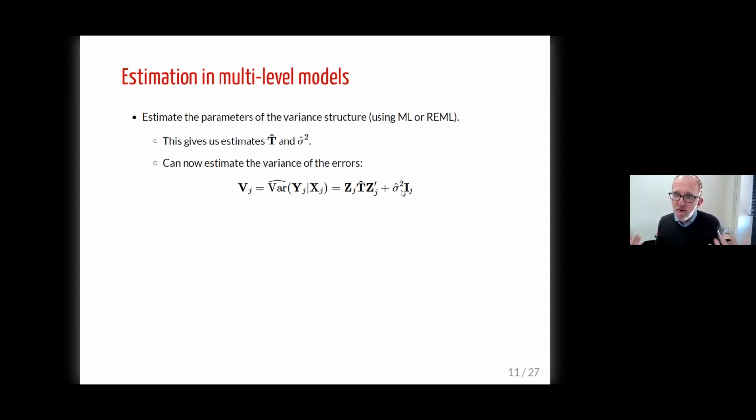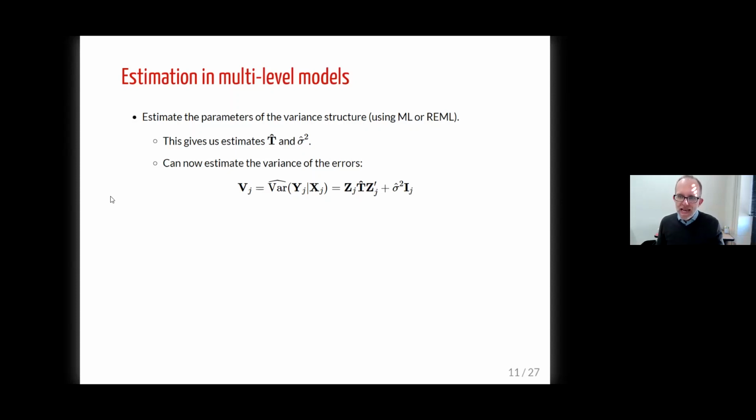So if the model is correctly specified, then this is what the variance of the errors looks like, and we can estimate that variance if we trust the structure of the model. I'm going to call this variance structure V_j. So the variance of the errors for cluster j is a matrix V_j.